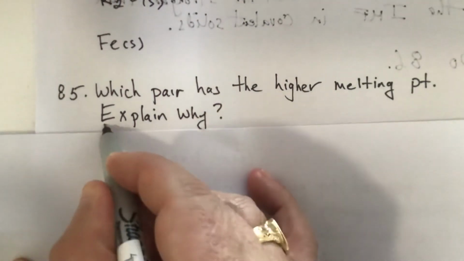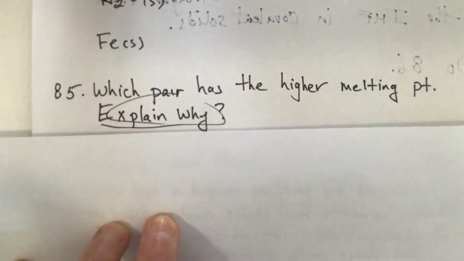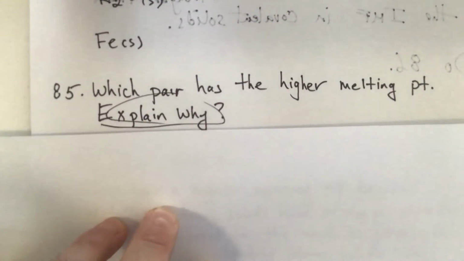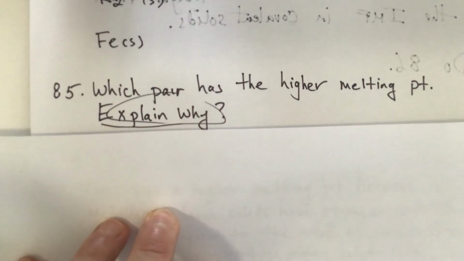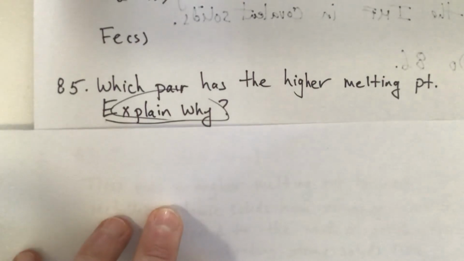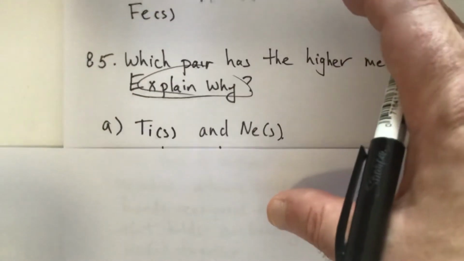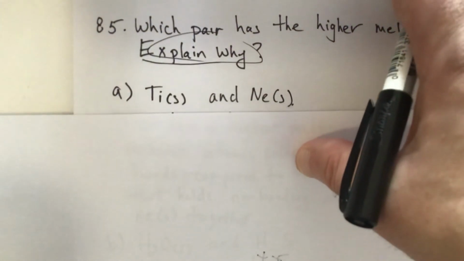And then, of course, the most important point, explain why. A lot of you will just give an answer about which one, and there'll be no explanation about why. This why is important because this is how we can argue about things. Sometimes I'm wrong.